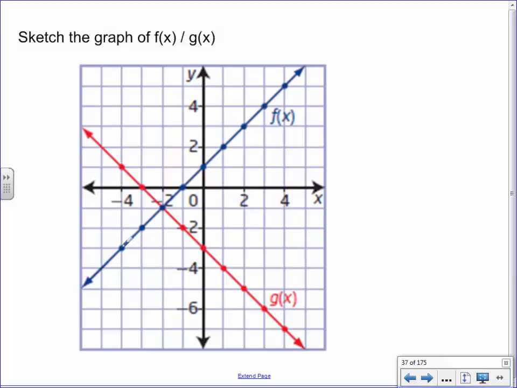So f right here is -3. We're dividing by 1. So -3 divided by 1 is still -3. Here, we've got -2. We're supposed to divide by 0. Can you do that?